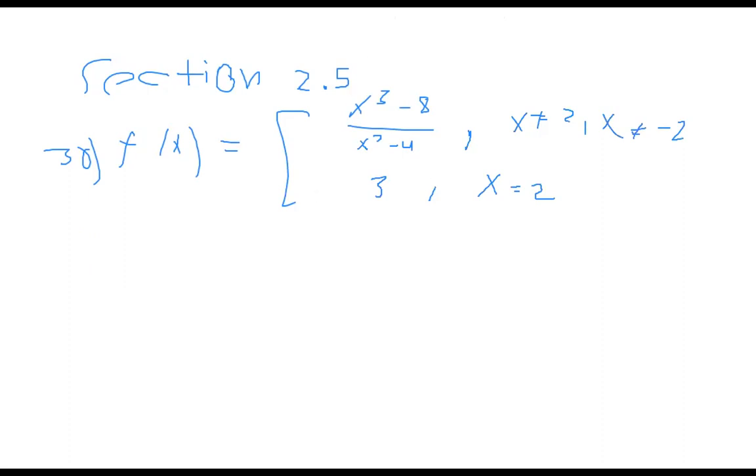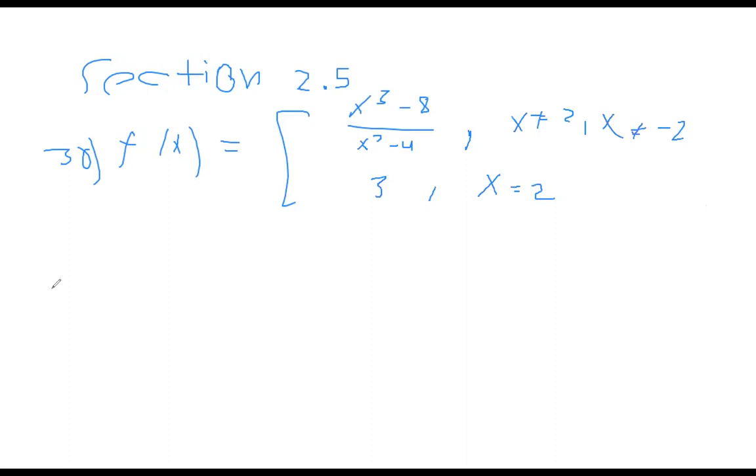So for this, first of all, what's the question? The question is asking, at what points are the functions in exercises 13 to 32 continuous? Okay, so x does not equal -2 for that function.